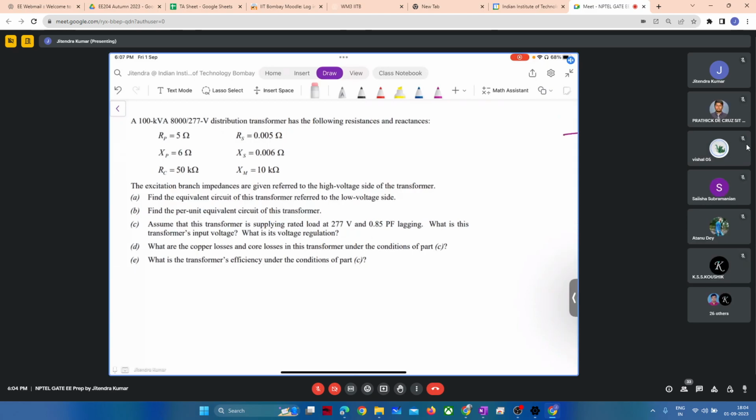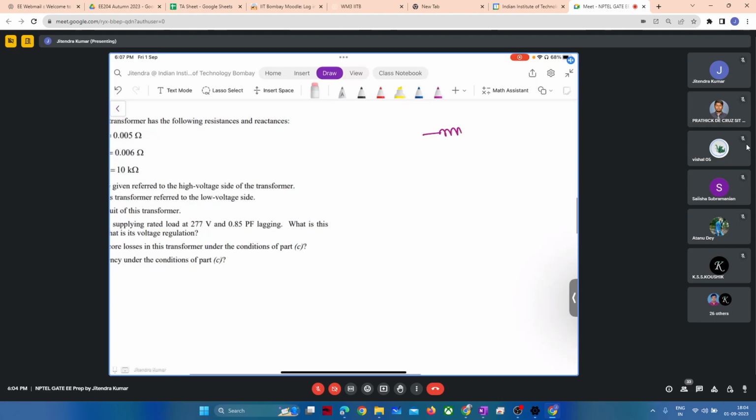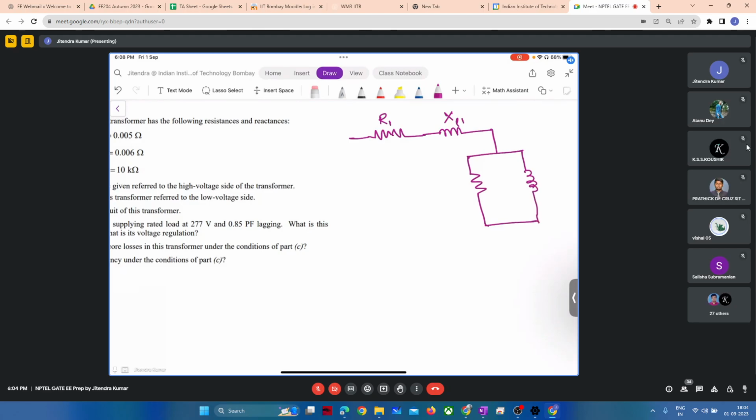I was saying that a transformer will have an equivalent circuit which will be shown like this: primary winding resistance and leakage reactances, along with the core loss component resistance and magnetizing reactance.